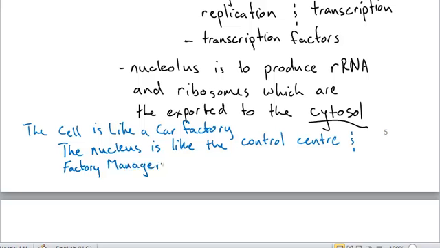So the control center has the computer that stores all the information, and the factory manager decides how that information is used or applied. So it stores and applies all info necessary for running the factory.